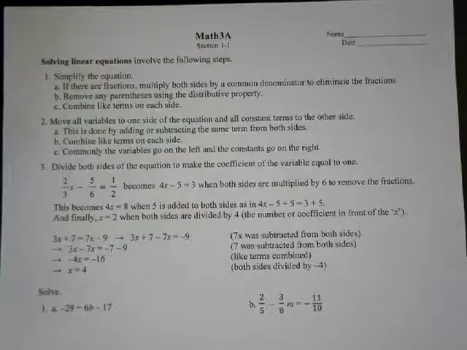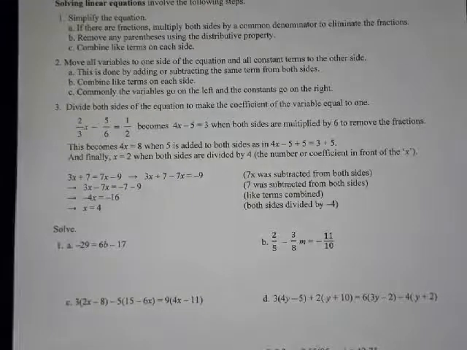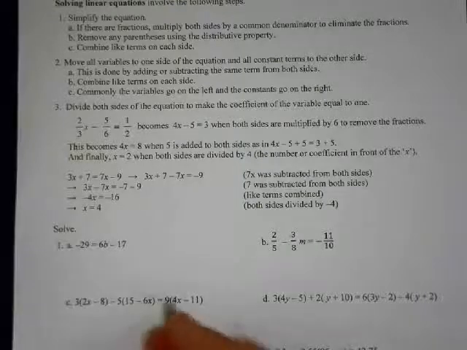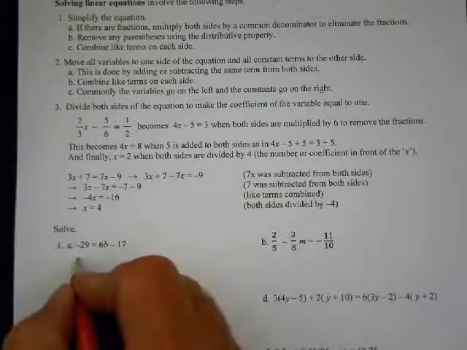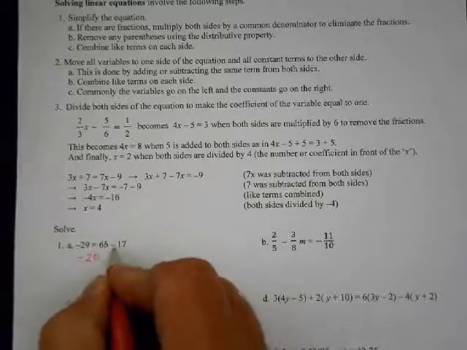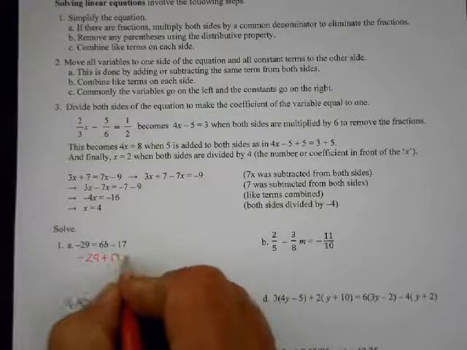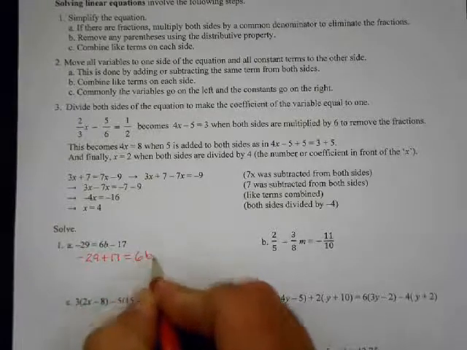Now let's look at some examples. So first off, I want to get all the numbers together. So negative 29 plus a 17 is going to equal 6b.